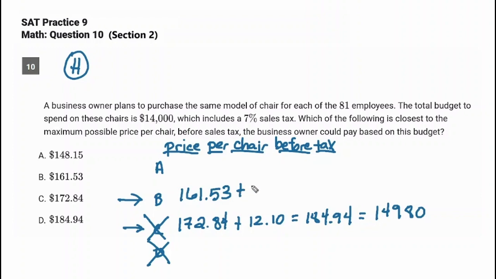You get about $11.30, but you can just do this decimal number on your calculator, add it back to 161.53, and you're going to get about $172.84. But again, it's a decimal, and you can just keep it on your calculator. What are you going to do with that? You're going to multiply it by 81.